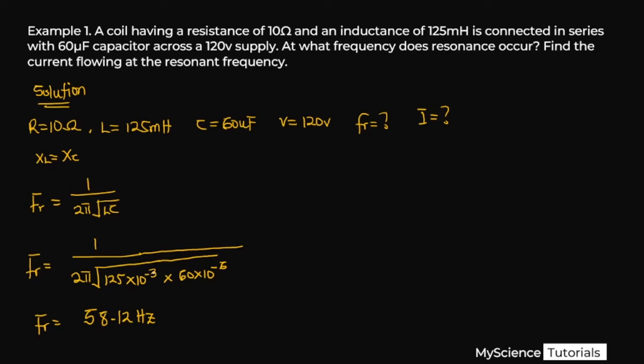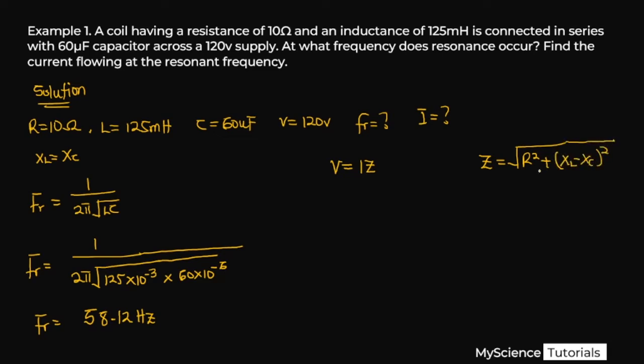Now we also have to find the current at which the resonance occurs. Ideally we have to use V is equal to IZ. That means we need to find the impedance of the entire circuit, finding the inductive reactance and then the capacitive reactance, and then using the formula Z is equal to the root of R squared plus (XL minus XC) squared.